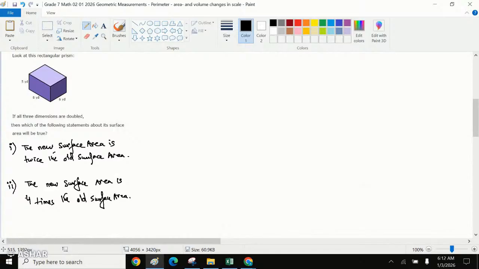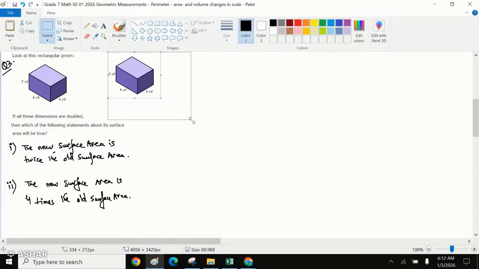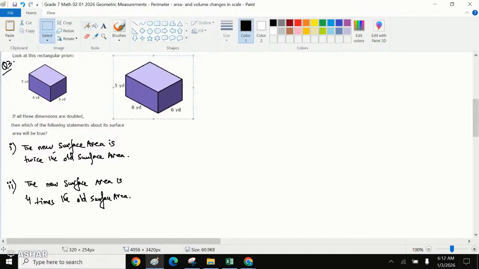Okay, let's see which of these two statements would be correct for question number 3. So if we have a shape, right? That's a cube already given to us. We need to see when the dimensions are doubled. Let's create another shape and increase the size. When the dimensions are doubled, the values will change, right?